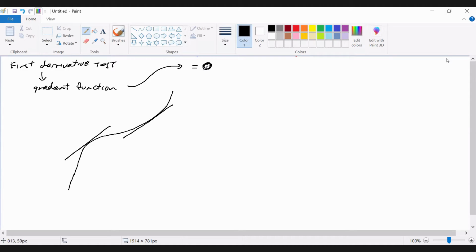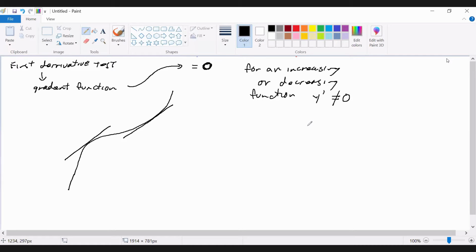So, if you have an increasing or decreasing function, y prime, or your first derivative, must not be equal to 0.